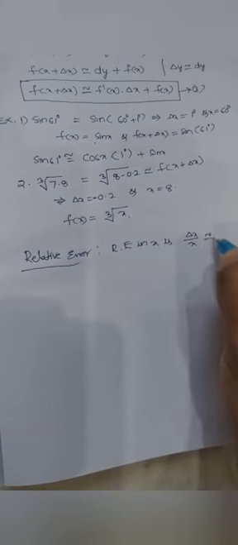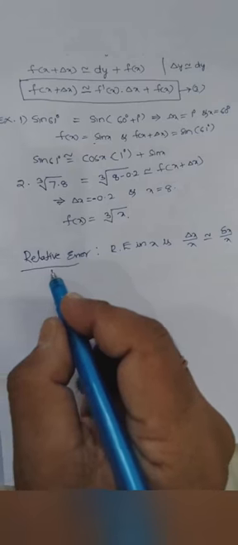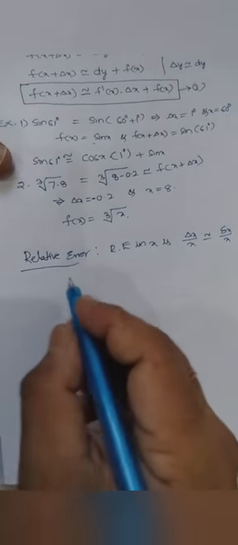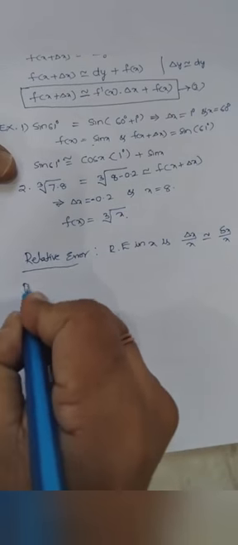Here delta x is the error in x, divided by x. This is the relative error of the given function, or the relative error in x. And now percentage error.